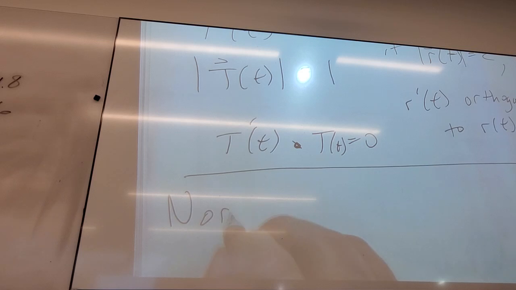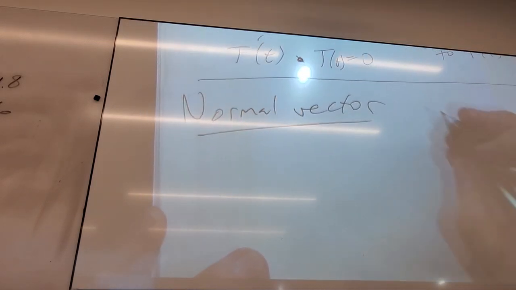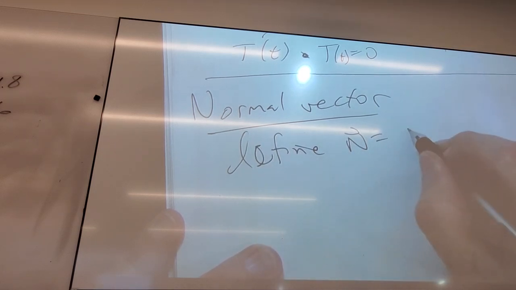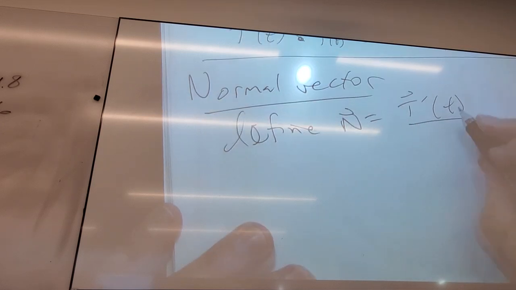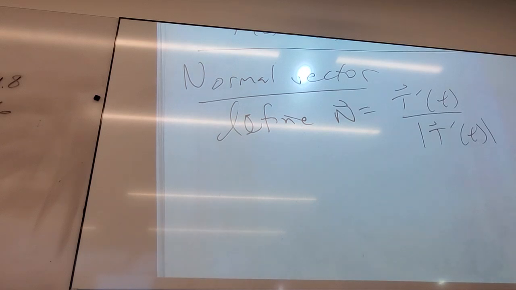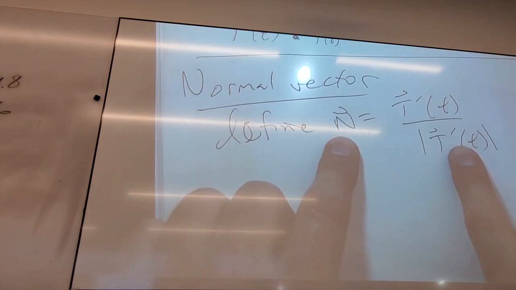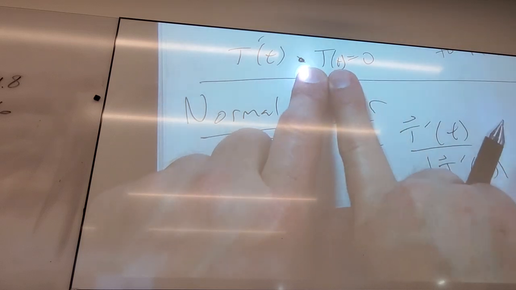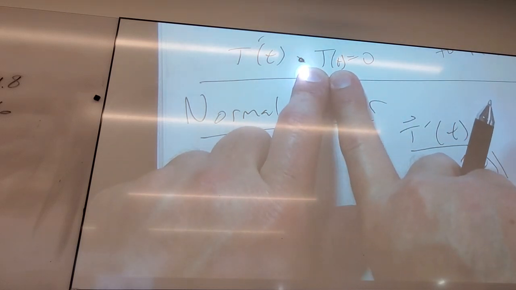So my normal vector, we're going to define this to be T prime divided by the length of T prime. The reason we do that is because then it's orthogonal to the actual tangent vector.